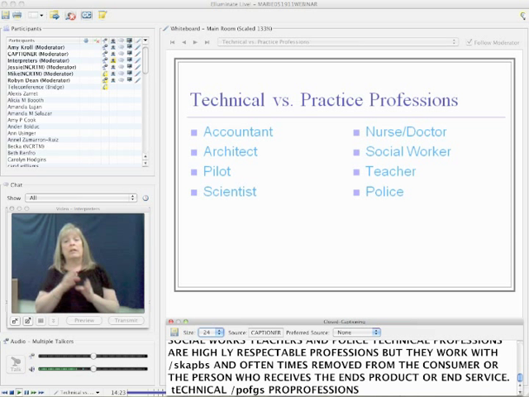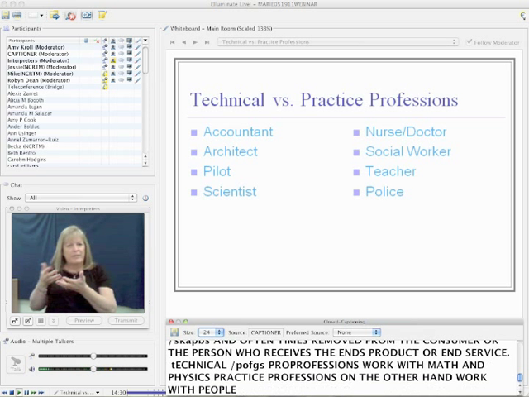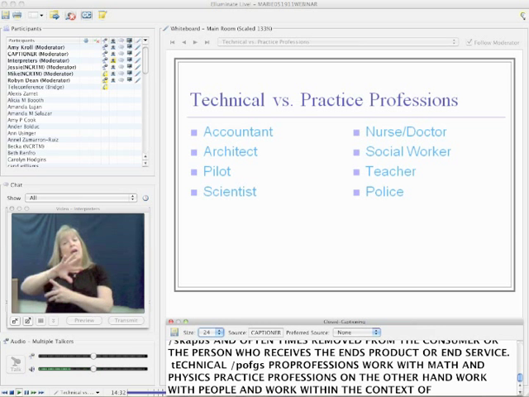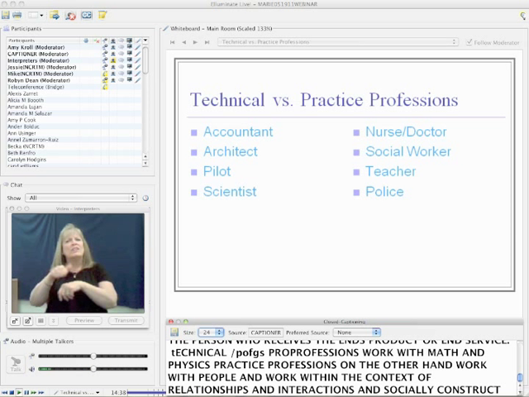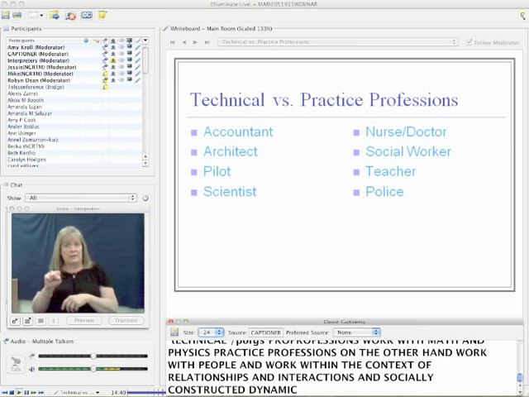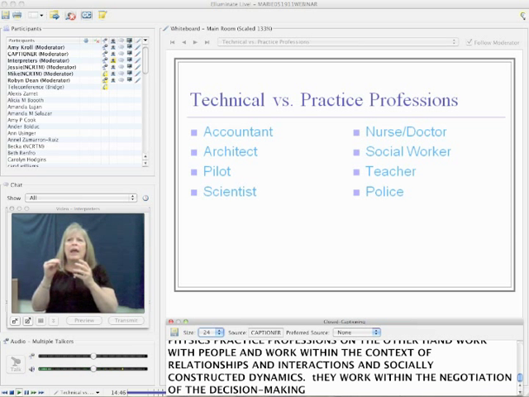Practice professions, on the other hand, work with people and work within the context of relationships and interactions and socially constructed dynamics. They work within the negotiation of decision-making, socially constructed decision-making.